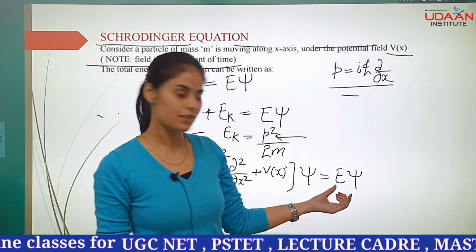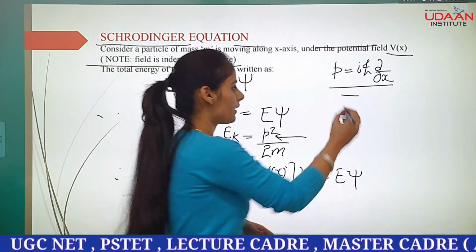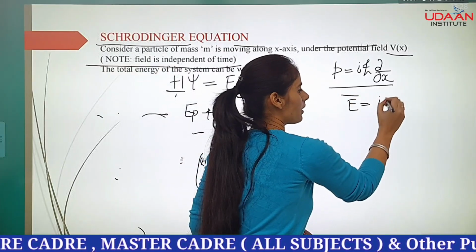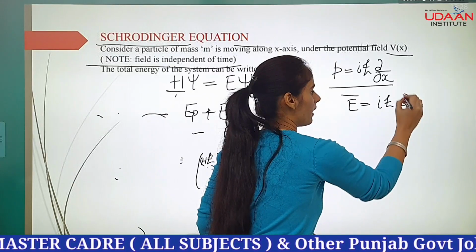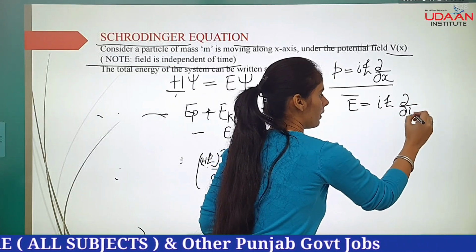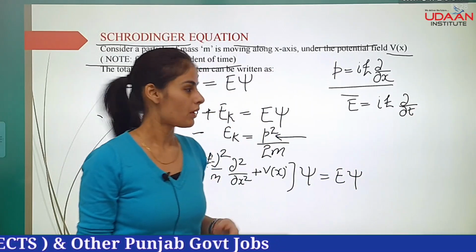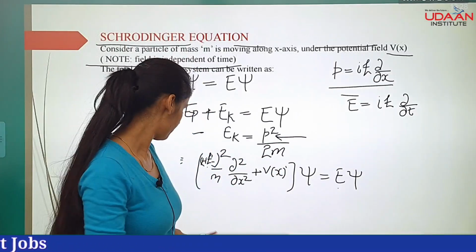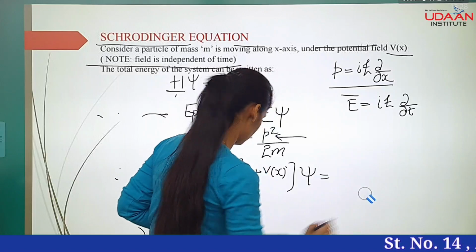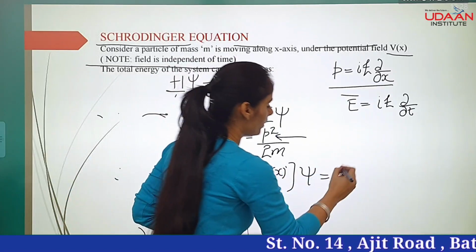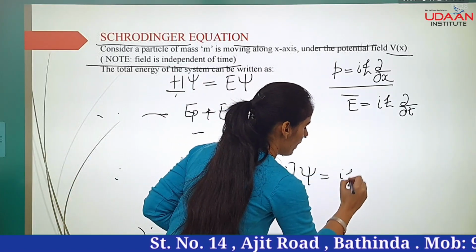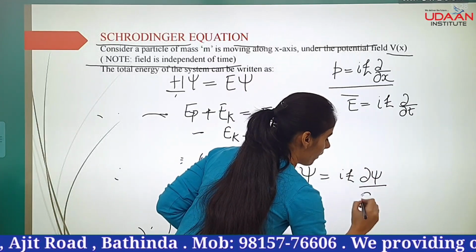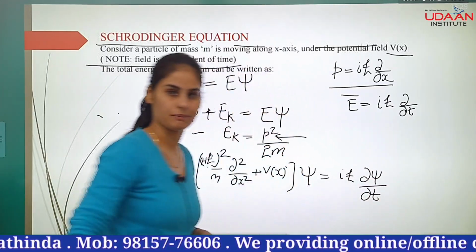And from yesterday's lecture, we also know that the value of E is equal to iota h bar del upon del t. So again, we are going to replace this value over here, and we will get iota h bar del psi upon del t.